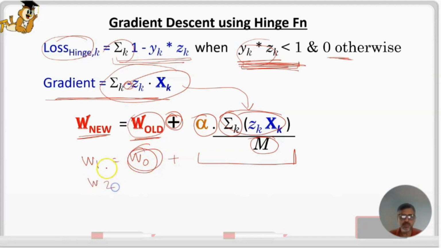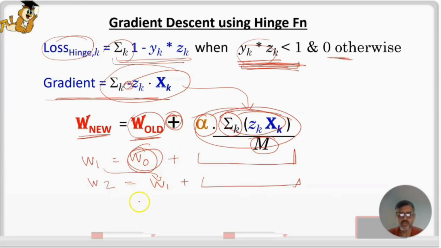Similarly, once W1 was calculated, W1 would come here, and W2 would be W1 plus this quantity computed using W1. Okay, so on and so forth. And then you keep running your iterations. Let's say W957 equal to W956 plus this thing calculated by inserting W956 in your model.